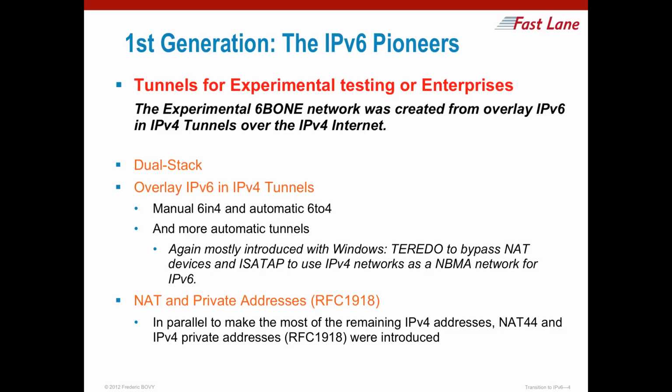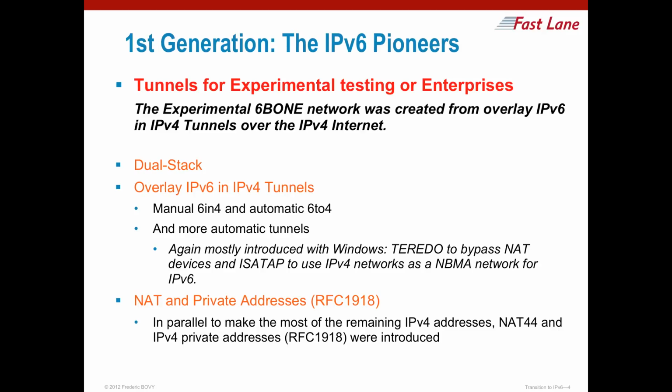So the first tools provided were dual stack and static tunnels. This permitted the creation of the 6bone, which was an experimental IPv6 Internet built over the IPv4 Internet with static tunnels. And at the same time NATs and private addresses were started.